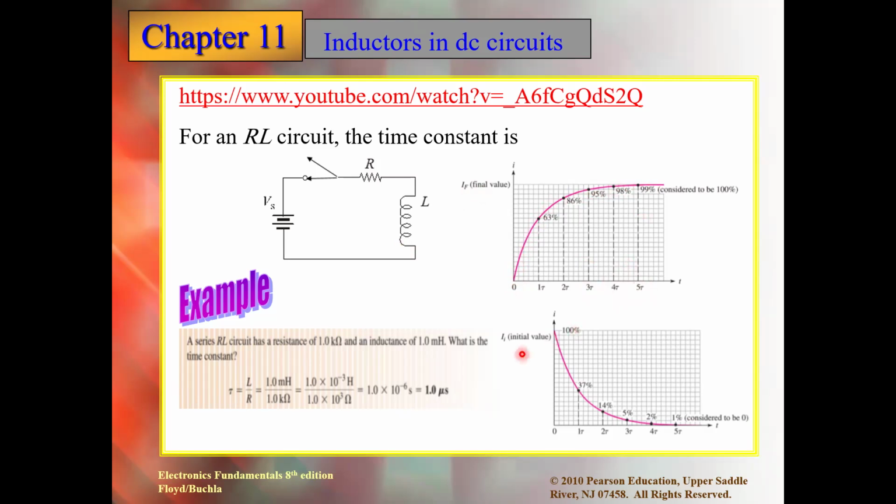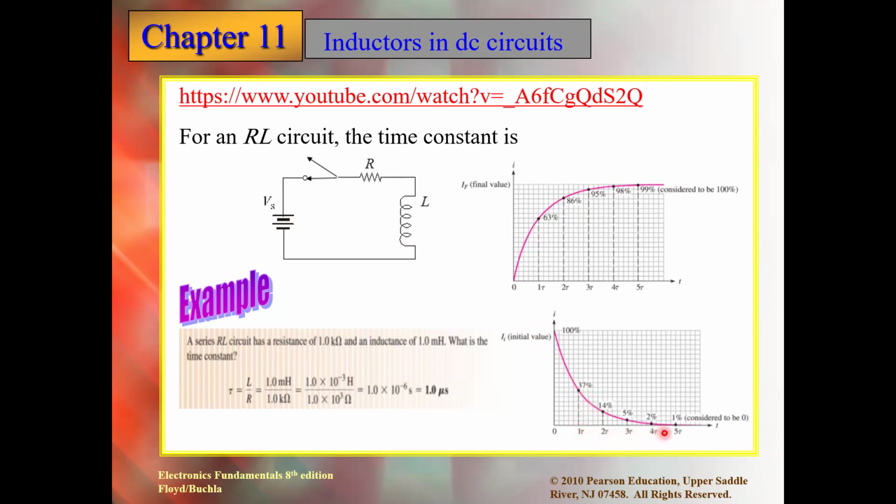Here we have the discharge concept. When the inductor is fully charged, we can also discharge it. Again, the same circuit, we remove the battery, and the direction of flow of current will be reversed, and the inductor will discharge. The current stored in the inductor starts reducing, which is what we call a falling exponential, and reaches 37% of the initial value in one time constant.